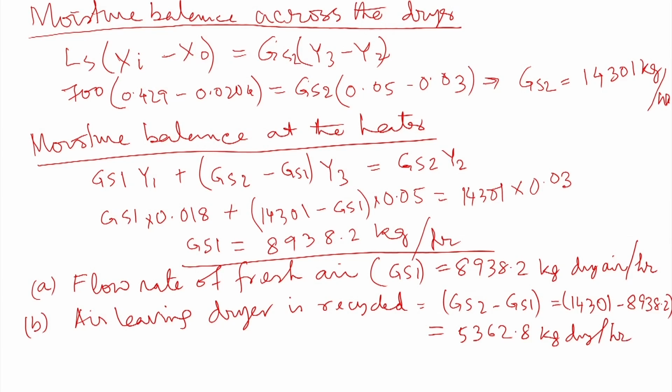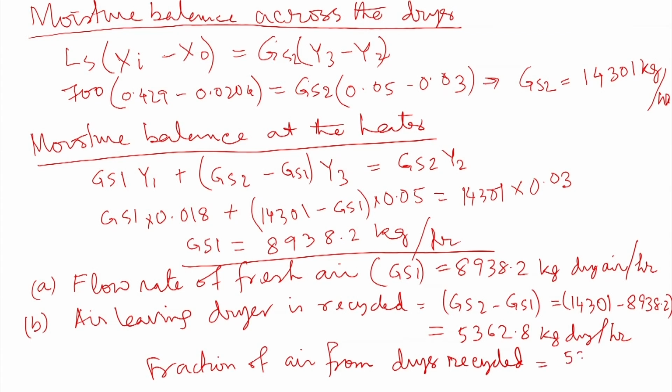And then the question is the fraction of the air from the dryer that is recycled. That is equal to 5,362.8 divided by the total entry of 14,301, into 100.